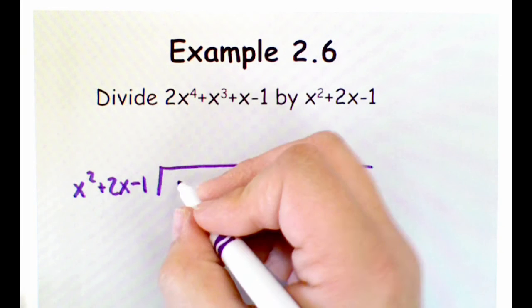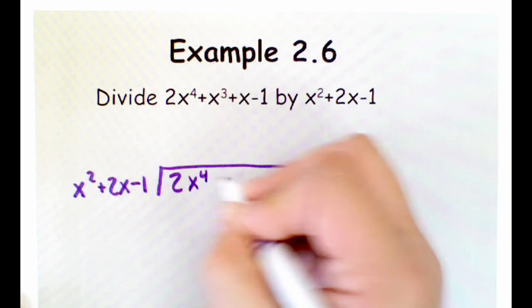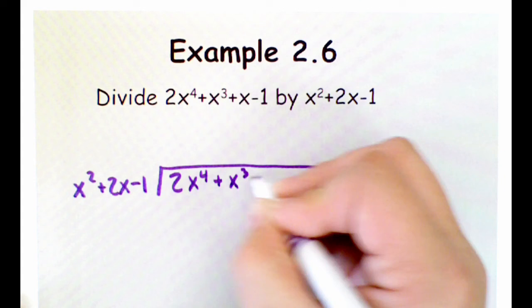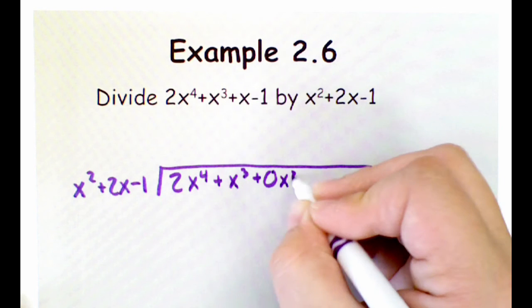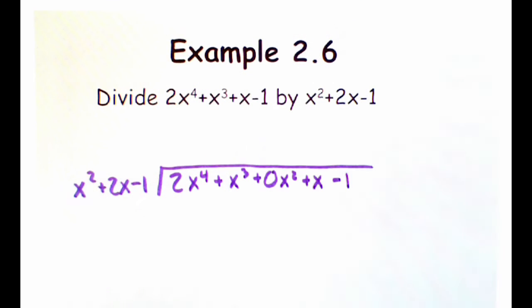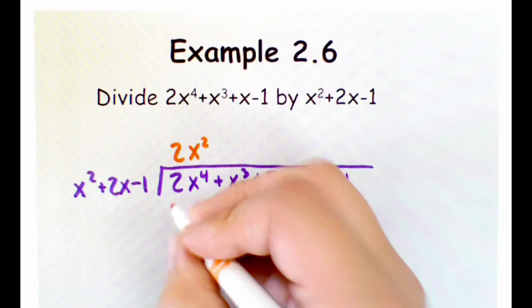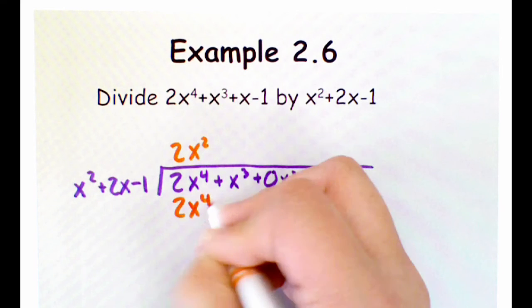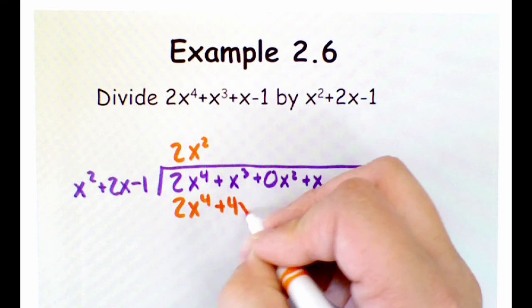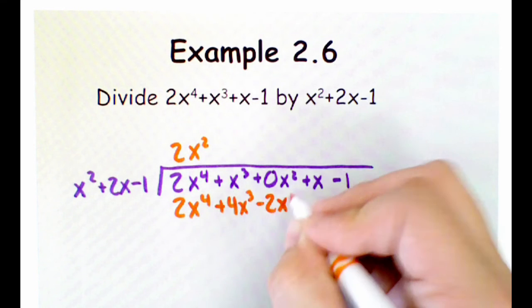Going into my dividend, 2x to the 4th plus x cubed. Don't forget that 0x squared plus x minus 1. All right. X squared times what? 2x squared. Distribute that 2x squared, we get 2x to the 4th plus 4x cubed minus 2x squared.